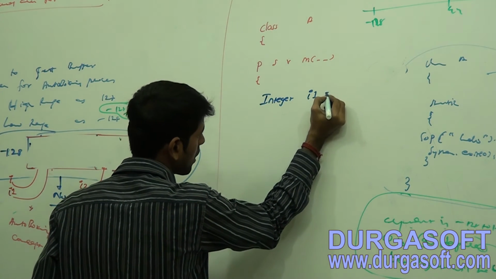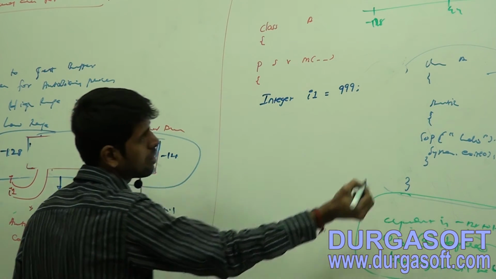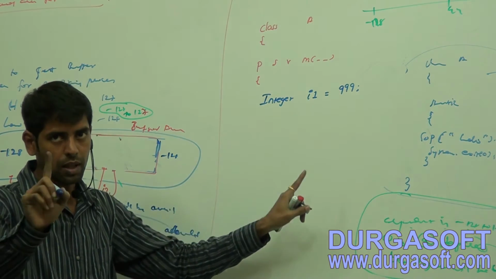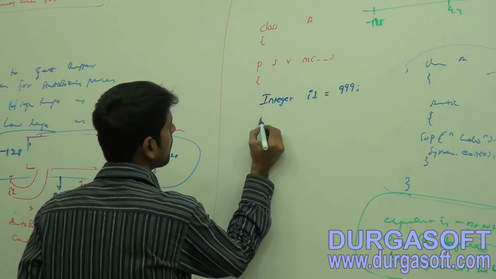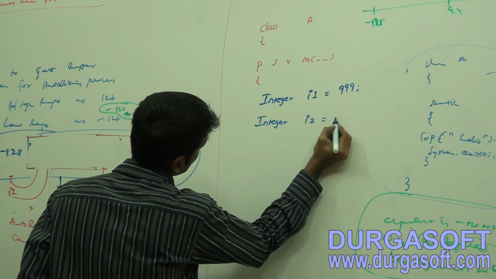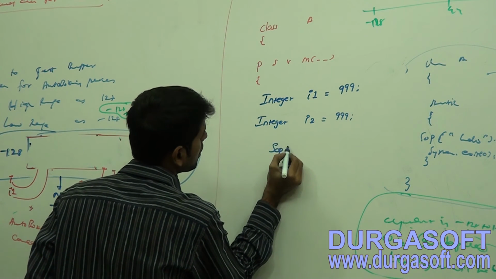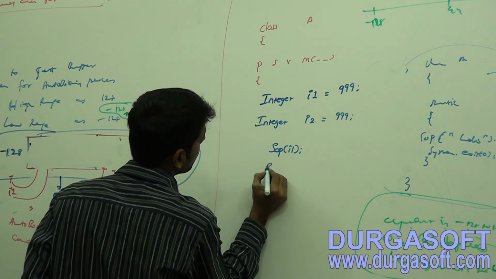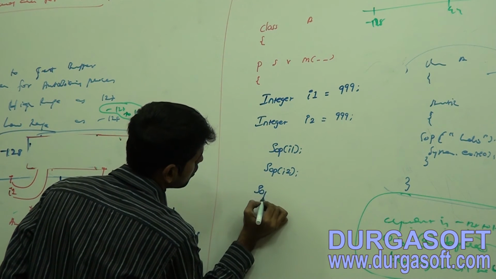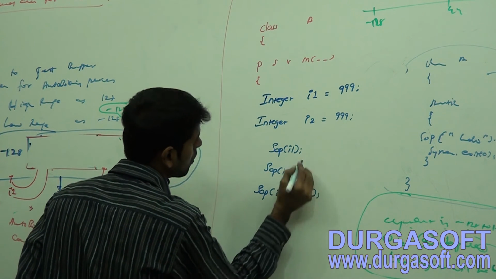Integer i1 equals 999. Integer i2 equals 999. SOP of i1, SOP of i2, SOP of i1 == i2.